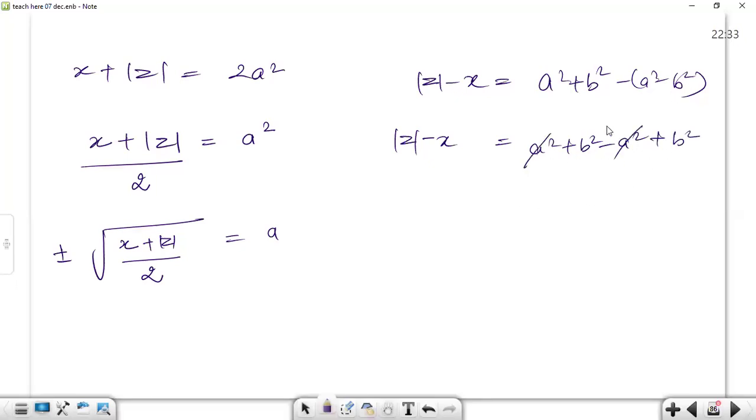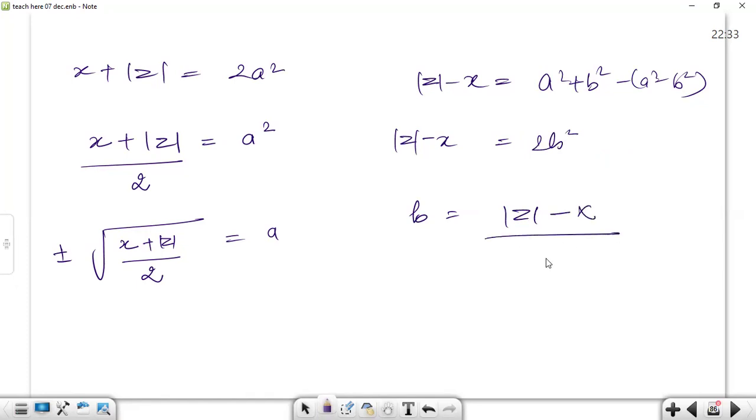A square cancels a square. This becomes 2b square on the right hand side. Now b can be written as the square root of modulus of z minus x divided by 2.